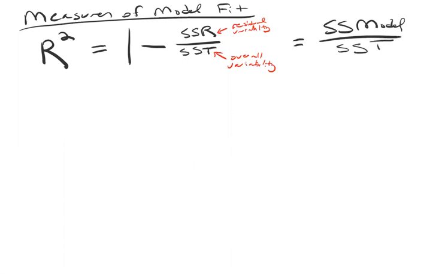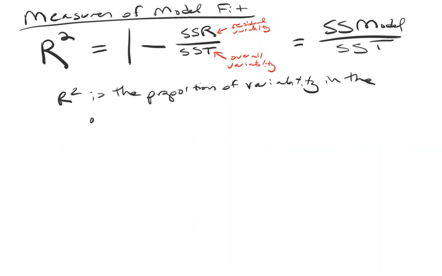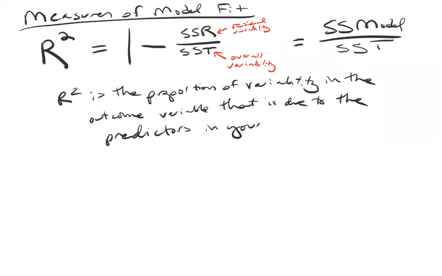In other words, R squared is the proportion of variability in the outcome variable that is due to the predictors in your model rather than noise.